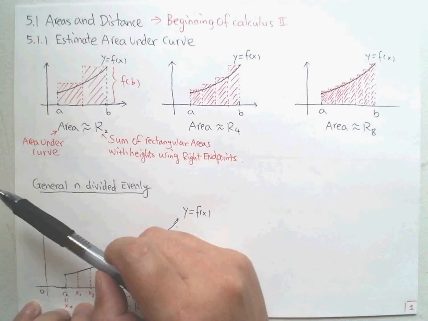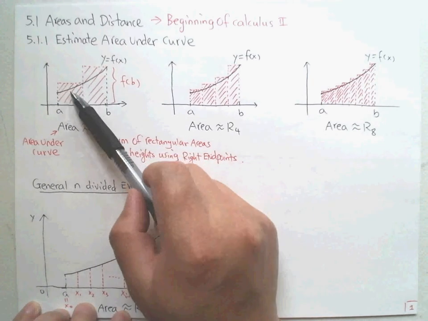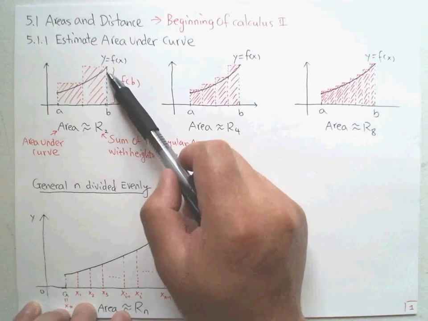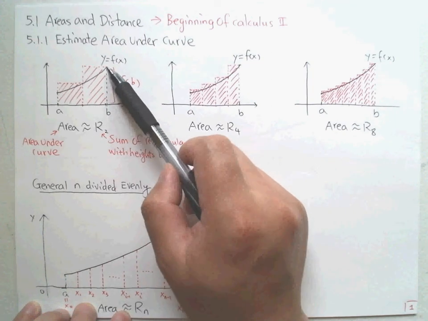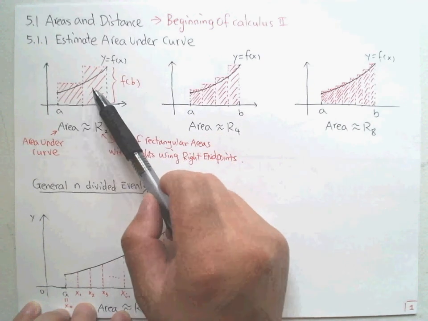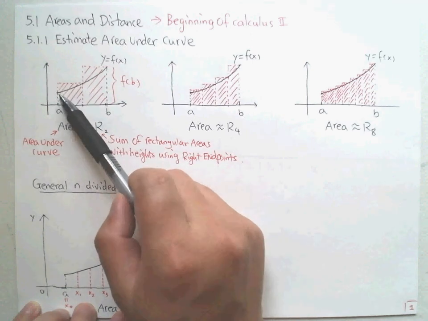The height of the rectangle uses the function value at the right endpoints. The sum of these two rectangles approximates the area under the curve.